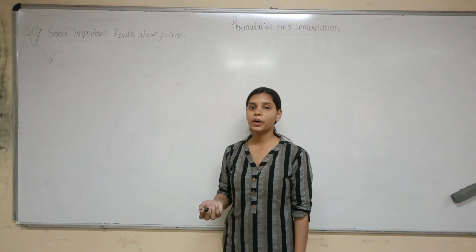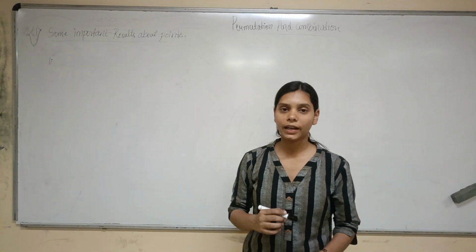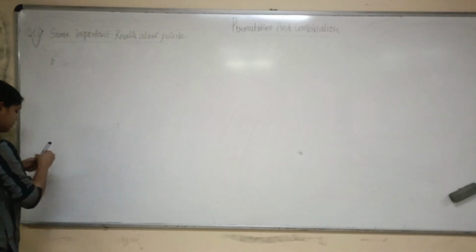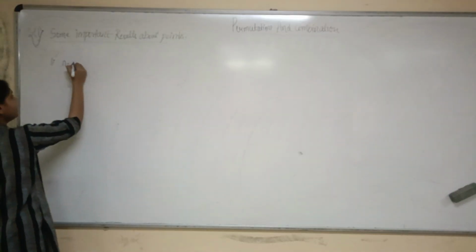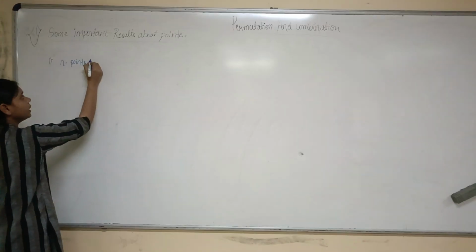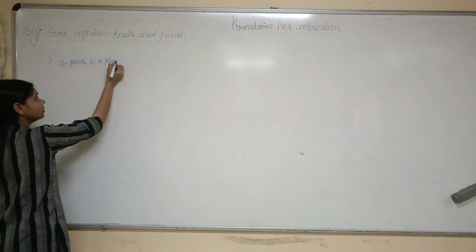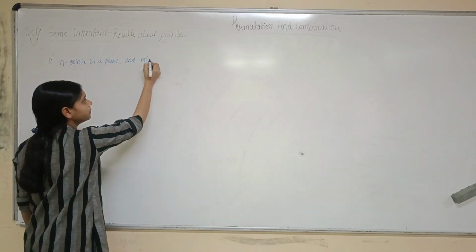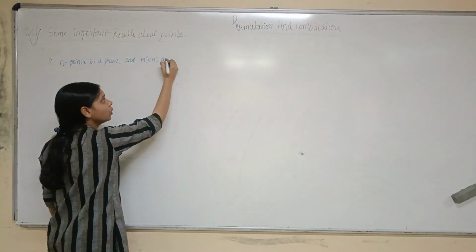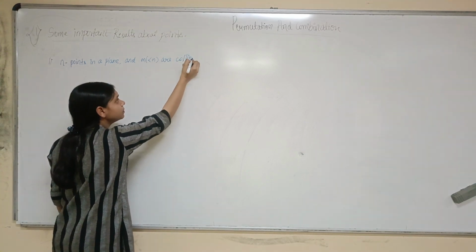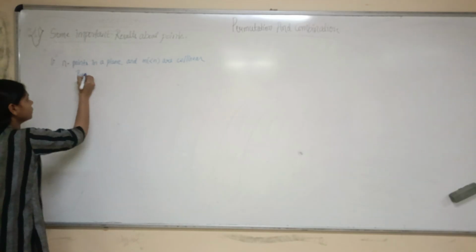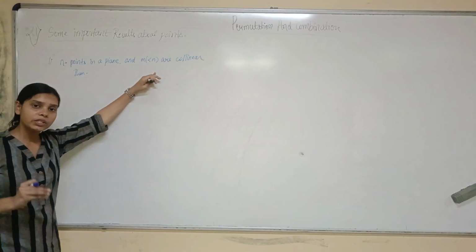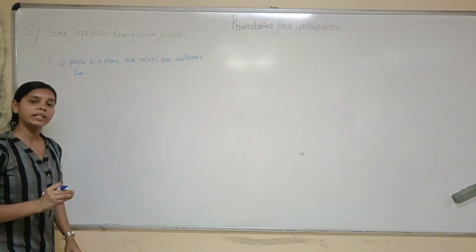If there are n points in a plane, and m points, m less than n, are collinear, then... What the given statement says: suppose you have 10 points and 5 points are collinear.